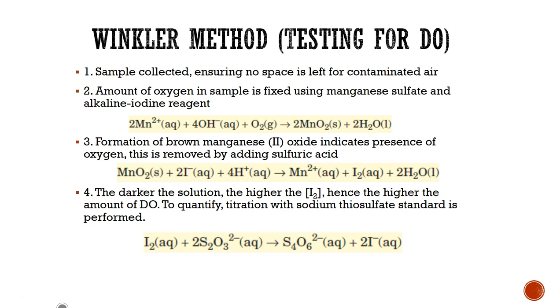Iodide is -1 and goes to I2, so we have our oxidation and reduction occurring at the same time. Once that happens, the higher the I2 concentration that we have here, the higher the amount of dissolved oxygen.